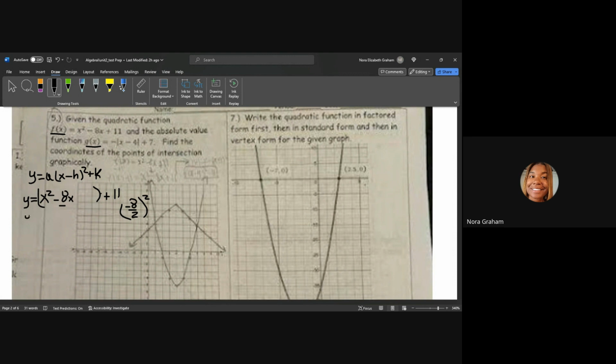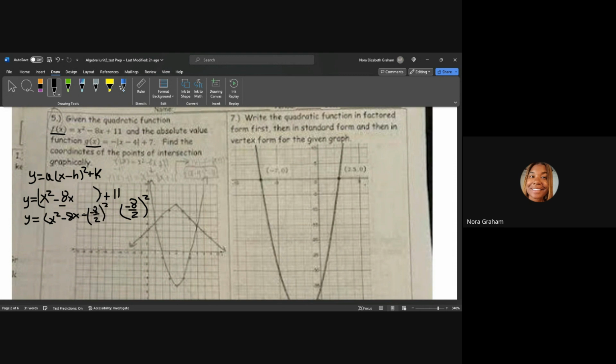So then I'm going to have y equals x squared minus 8x, and then this is going to be plus, or I can leave it as that, (minus 8 over 2) squared.